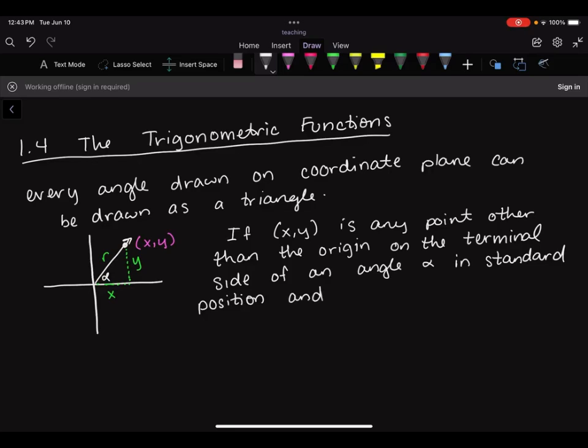And this other stipulation has to be satisfied. That is that r is equal to the square root of x squared plus y squared. Then the following relationships are going to be true. Now, before I write the rest of it, I just want to mention this is Pythagorean theorem. This is x squared plus y squared equals r squared.